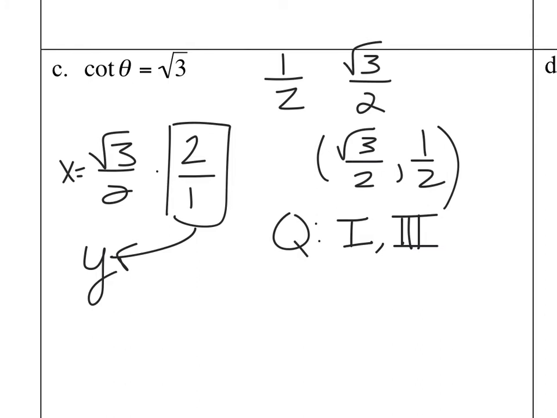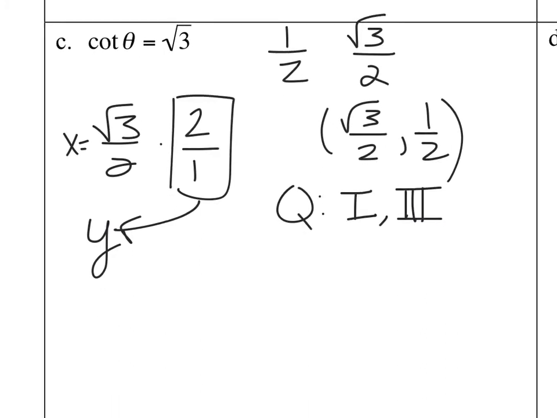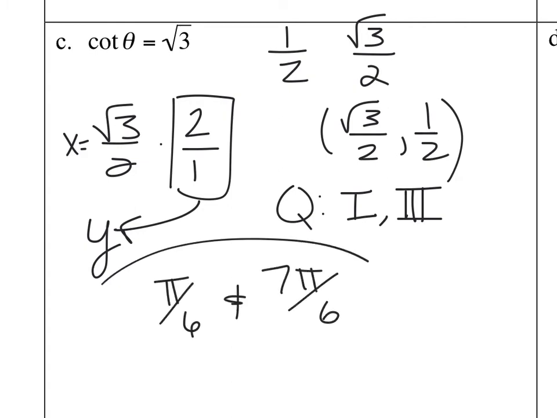So we're looking in quadrants 1 and 3 for this coordinate. Obviously in 3 it's going to look a little different because we're going to have both negative, because two negatives divided gives you a positive. So what are we finding for angles? Pi over 6 and 7 pi over 6. Very good.